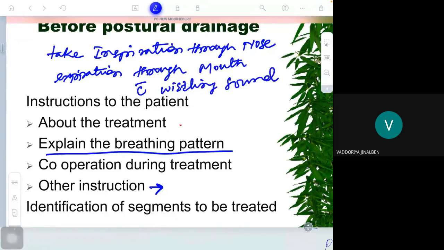This is the instruction you will give. Here, the patient should take inspiration through the nose and expiration through the mouth with a whistling sound, or with pursed lip. With pursed lip, the patient has to exhale slowly, or with a whistling sound, he should exhale through the mouth slowly.